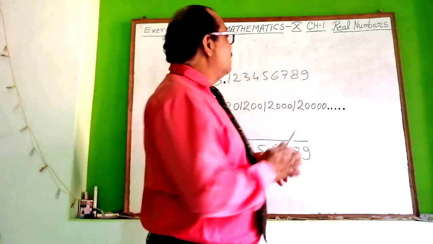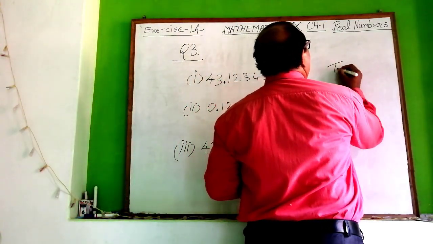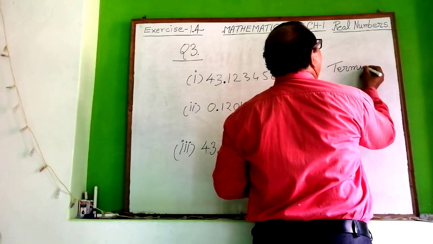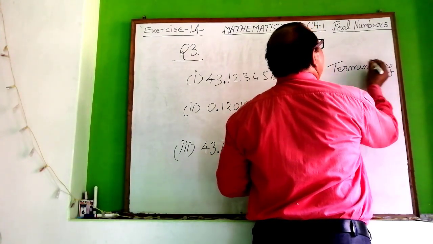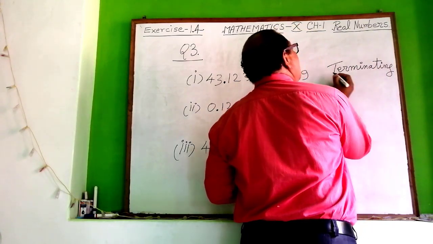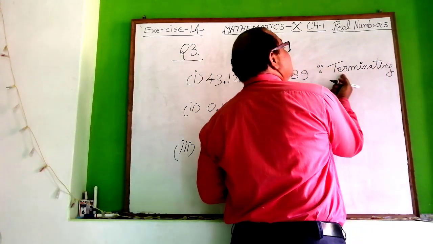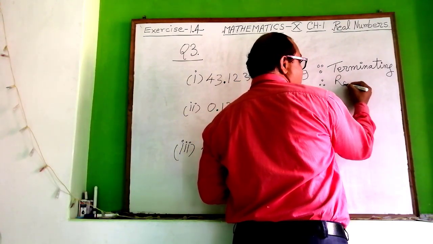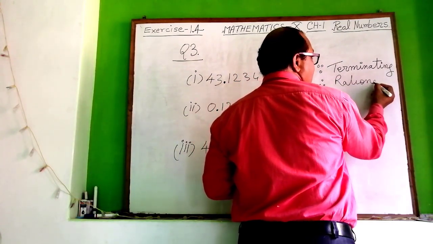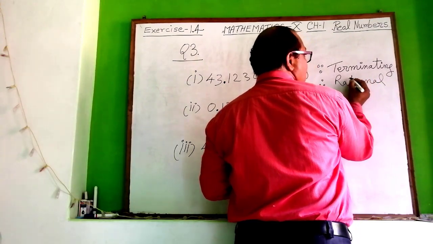So this number is of which type? You can see this is terminating. And you know all terminating decimals are which type of number? Since this number is terminating, you can say this number is rational.